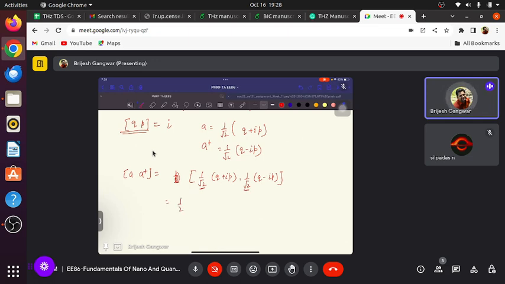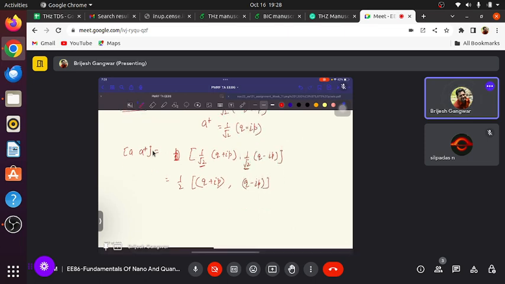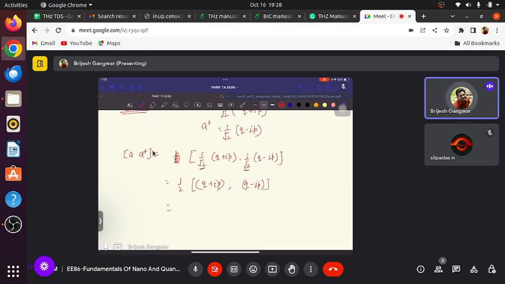So it will be 1 by 2 (q plus ip) and (q minus ip). Again, if you know the commutative property, like if you have a plus b comma c, then you can write a comma c plus b comma c. So using this property, first we open this one, then we open this one.